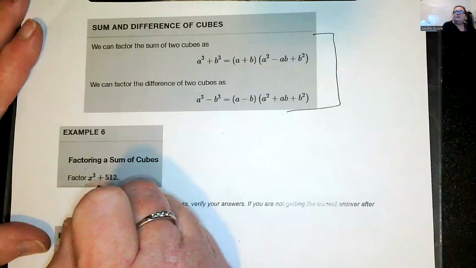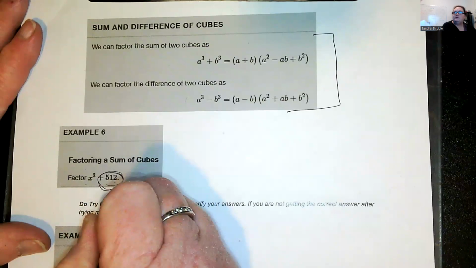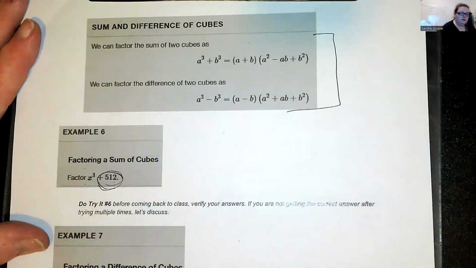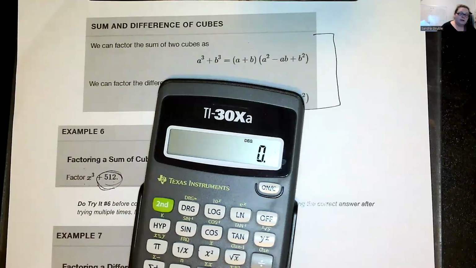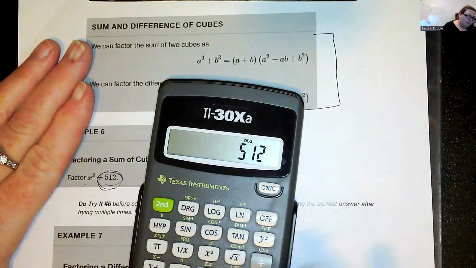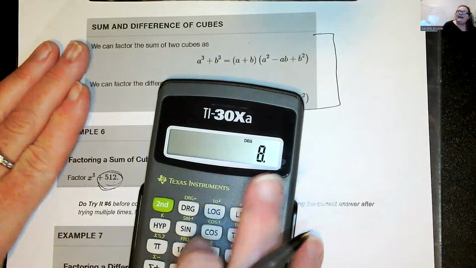So the way you need to do this is you need to find out what the cube root of 512 is. All right, so on my calculator, I'm just going to put 512, and I showed you this back in 1.3. I'm going to take 512, raise it to the power of 1 divided by 3. So open parenthesis, 1 divided by 3, close parenthesis, equals, and it's 8.